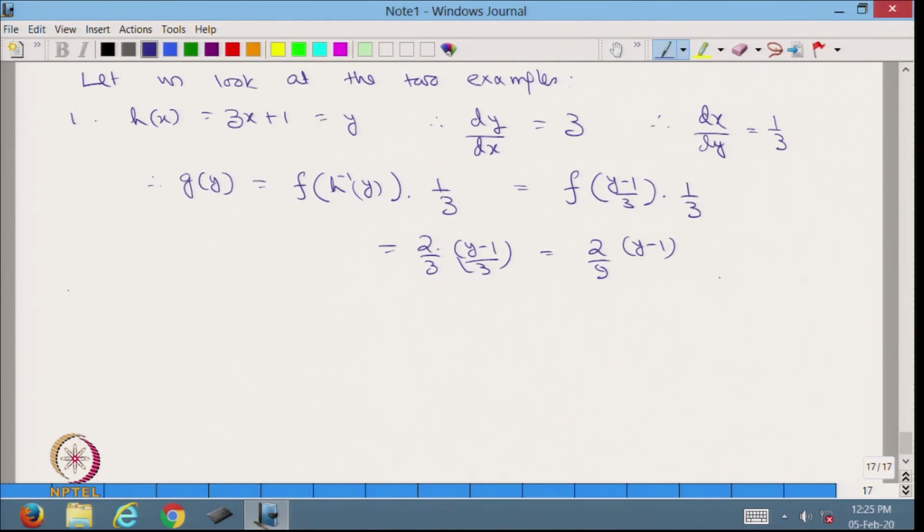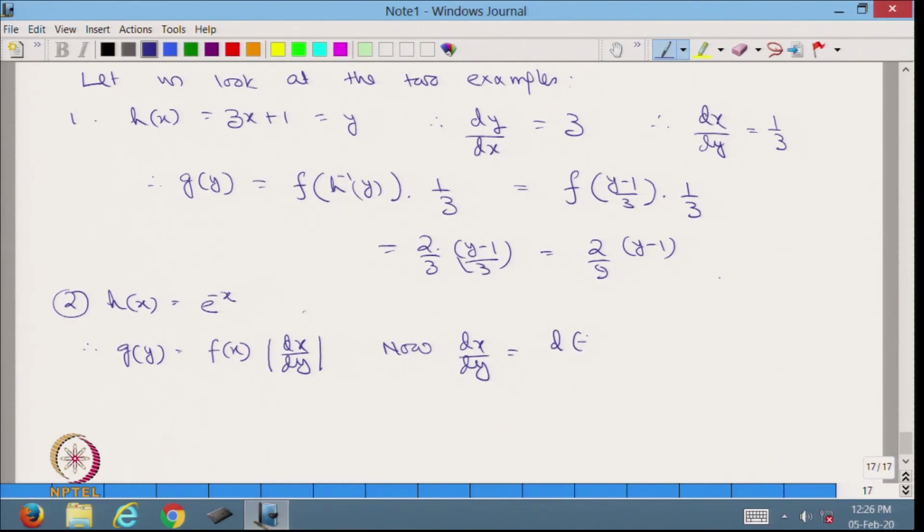In a similar way, case 2, h of x is equal to e to the power minus x. g of y is equal to f(x) into modulus of dx/dy. Now, dx/dy is equal to d(minus log y)/dy, which is equal to minus 1 upon y, and f of x is equal to 2x.